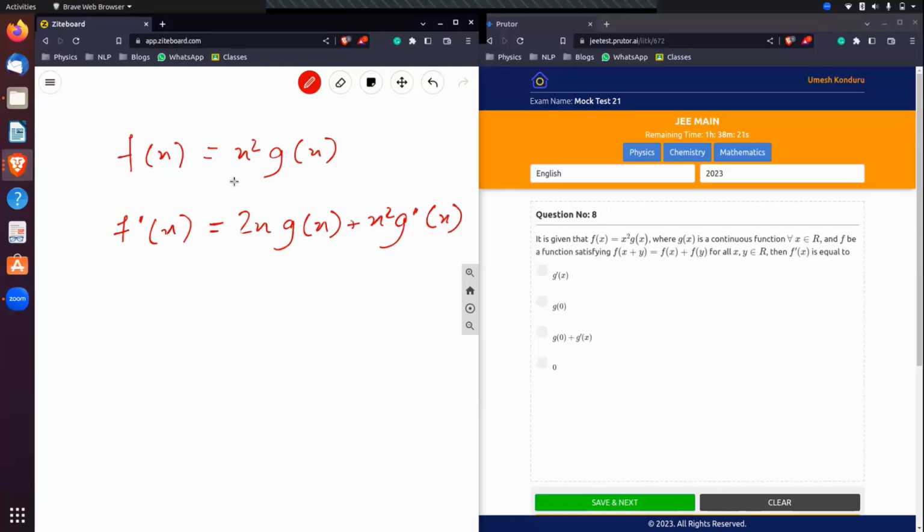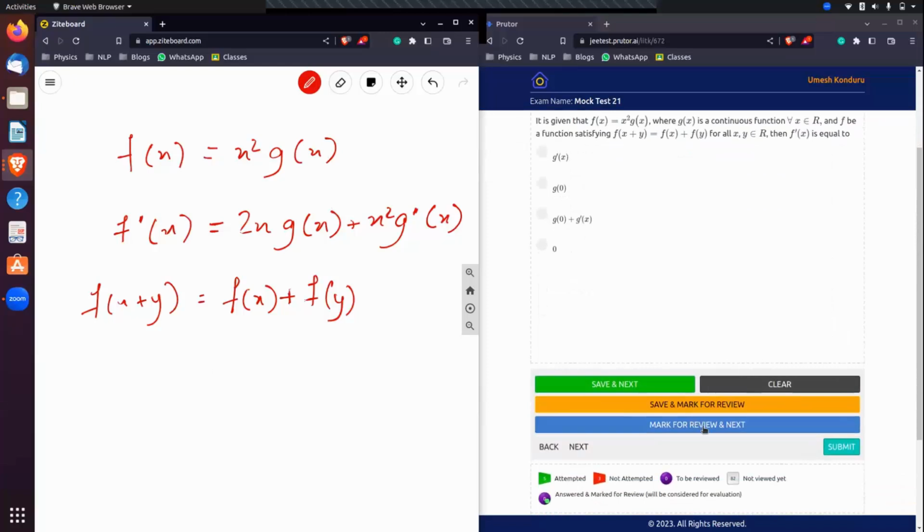So now I'll have to leverage some of this property of the function, that f of x plus y equals f of x plus f of y. I'm not quite sure how I proceed with this, but let's see. Right now I can't really think of a way of proceeding ahead. So what I'm going to do is just mark this question for review and then come back to it.